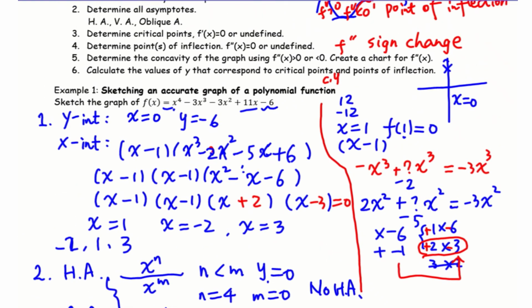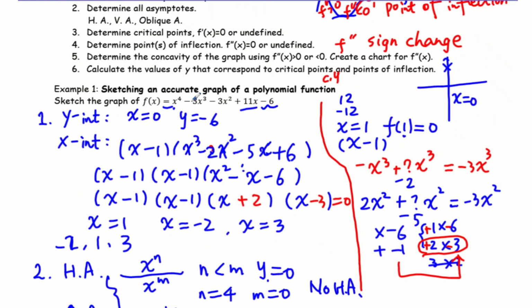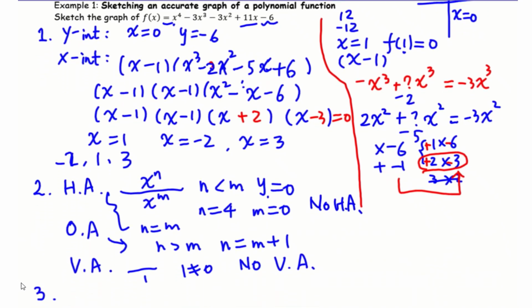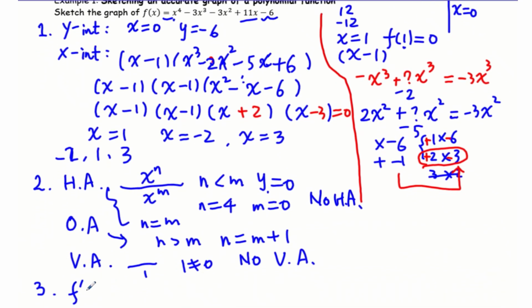So the next one is looking for the critical points. We need to do the derivative of f of x. So we are going to do the derivative, so it will be f prime equals 0 or f prime is undefined. So this is a polynomial. We are going to have f prime of x equals degree to the front, then degree minus 1.